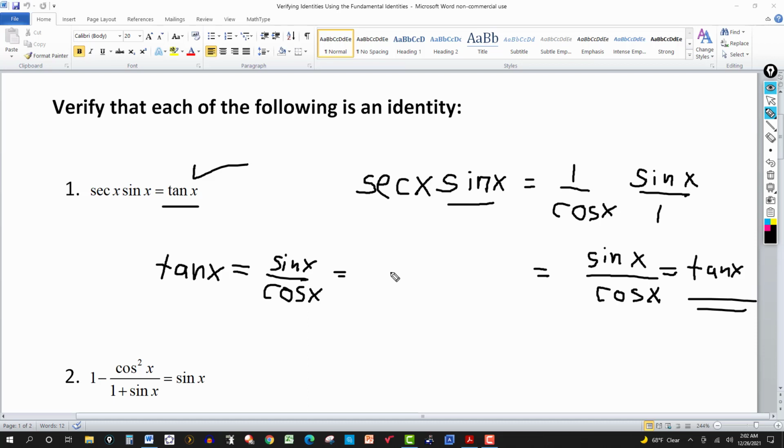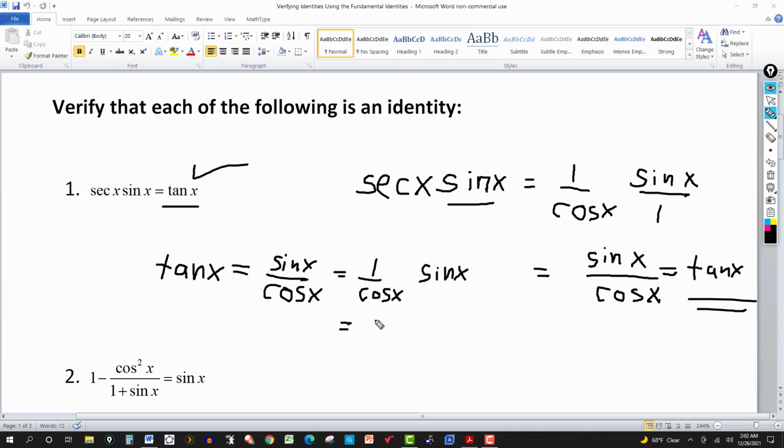So this is then equal to sine of x, and then I can rewrite this as 1 over cosine of x. But 1 over cosine of x, that's one of your reciprocal identities.